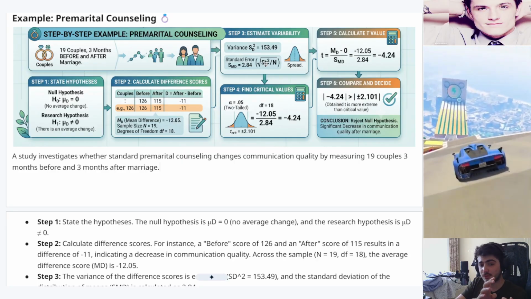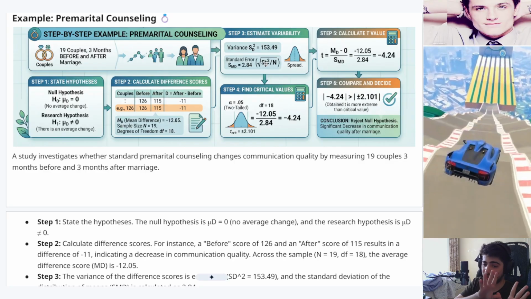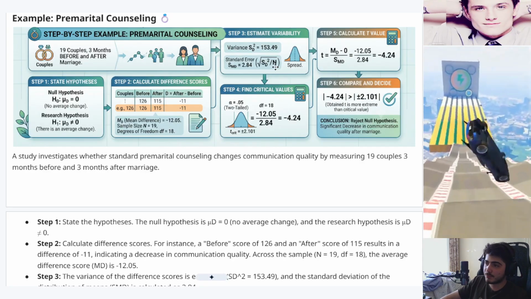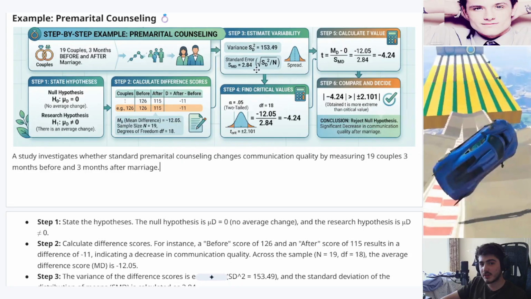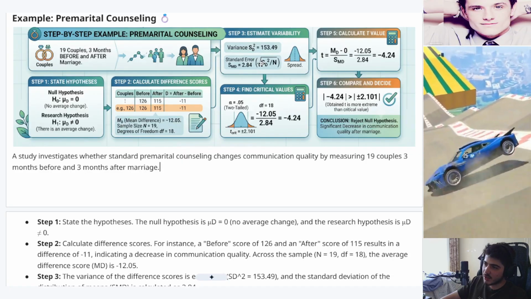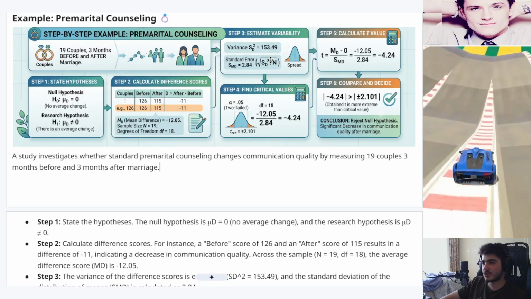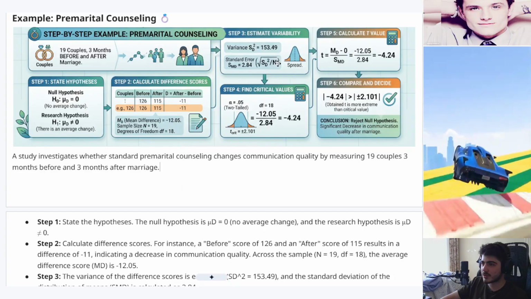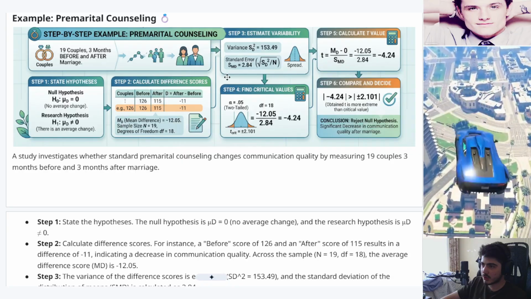And S2 is basically S squared, which is the variance. And when you put this D down here, it just means the variance of differences divided by the sample size, and square-rooted, which gives you your standard error.